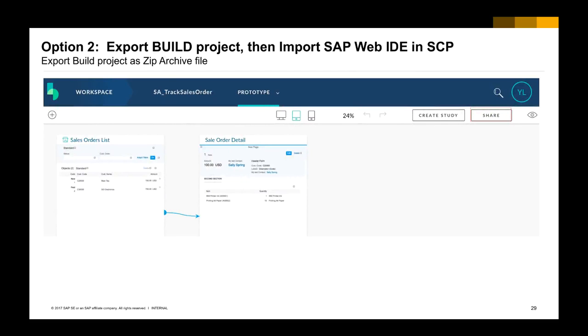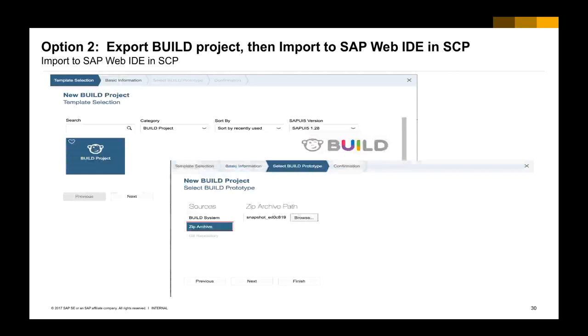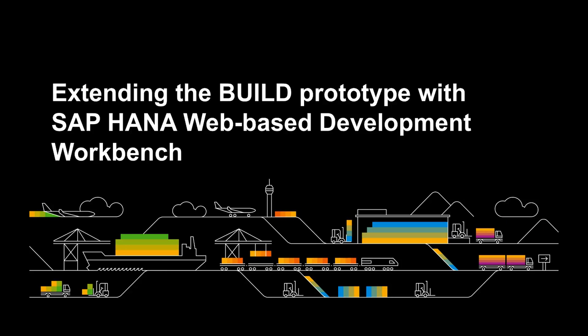Or we can export the build prototype by sharing and publishing, and then download a local zip archive file. Then when we create a new project for the build in the SAP Web IDE, we can select the source system as a zip archive, which you downloaded from the build, and then import it.